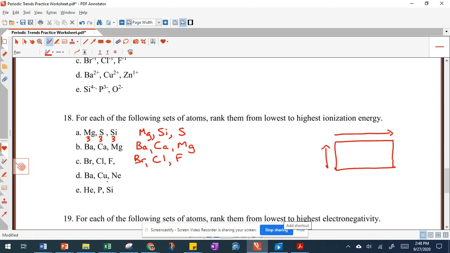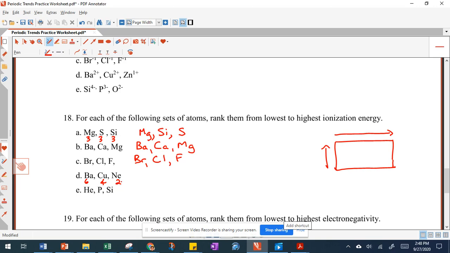Look at barium, copper, and neon. Barium, copper, neon, these are in different groups and in different periods. Barium has 6 periods or 6 energy levels. Copper has 4. Neon has 2. So barium is the largest.